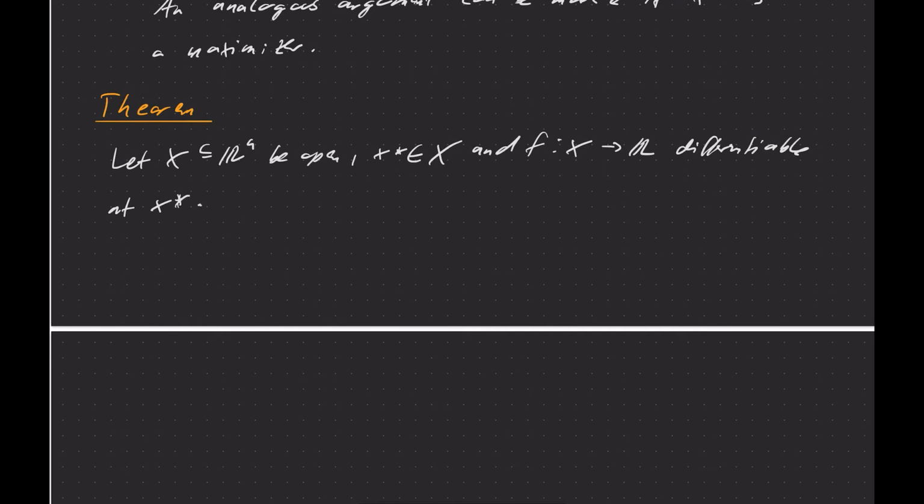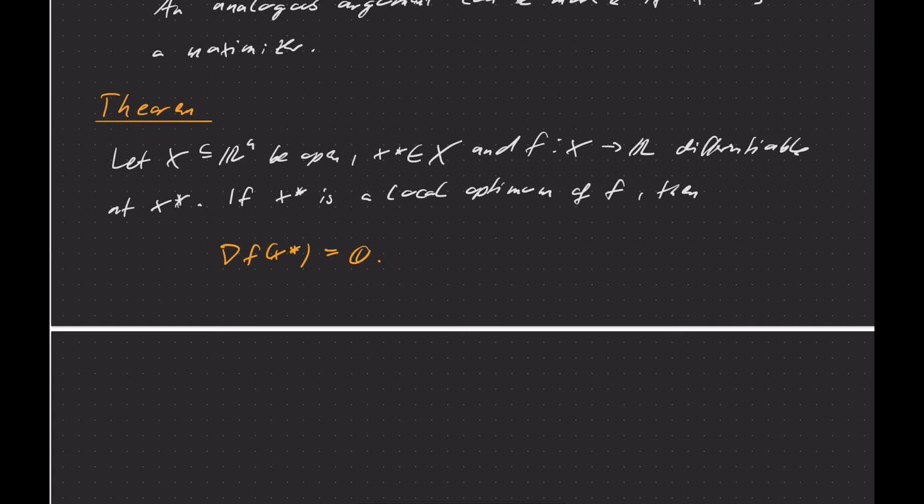And now if x star is a local optimum of f, then we have shown that the gradient needs to be the 0 vector. If x star is a local optimum of f, then the gradient of f at x star is the zero vector.